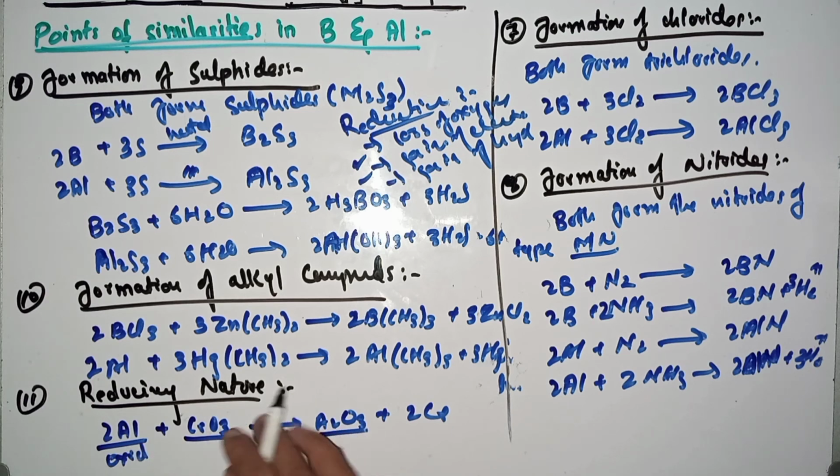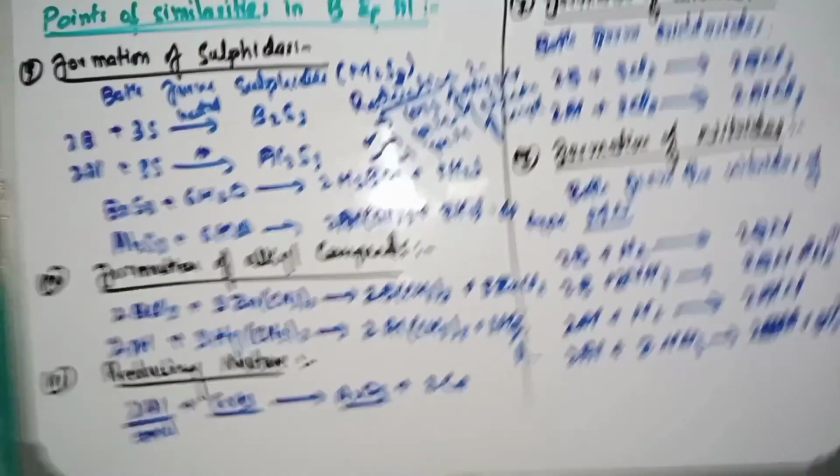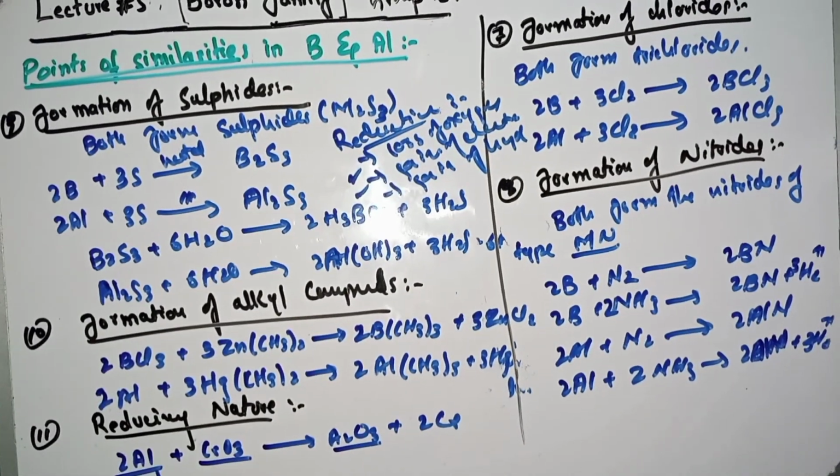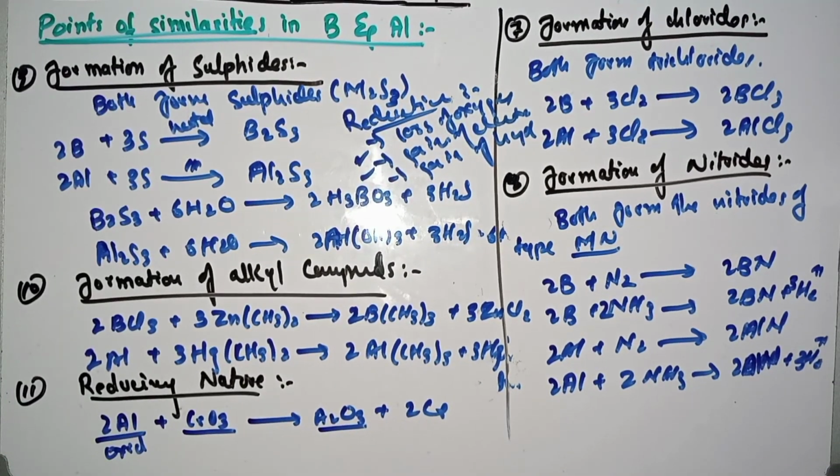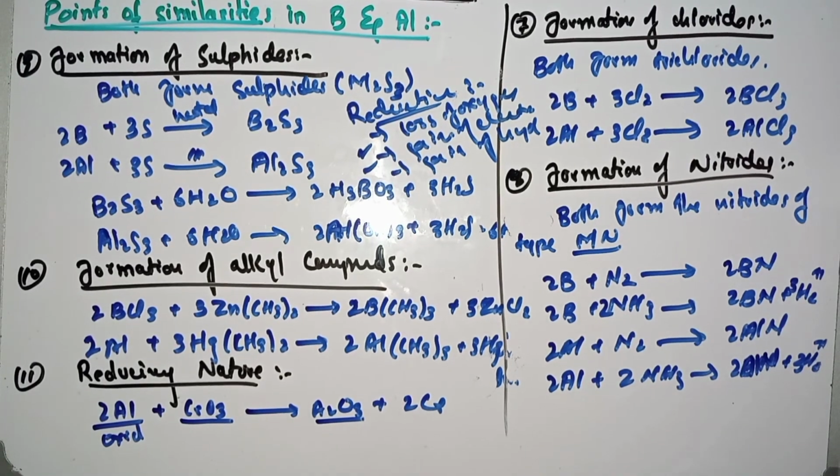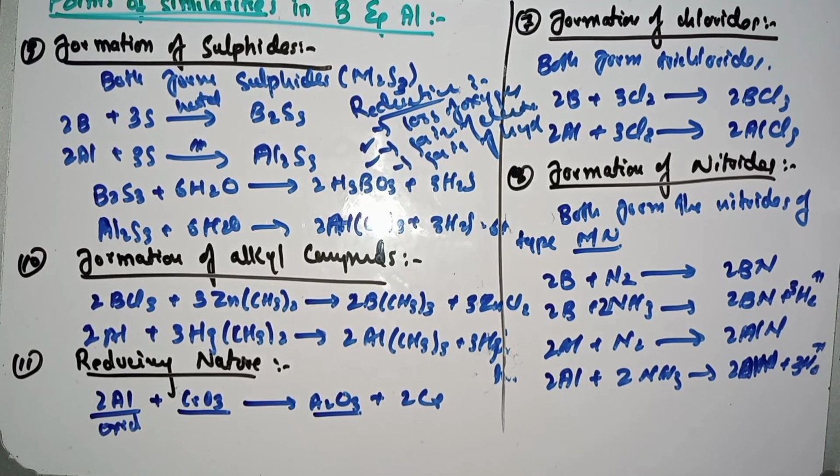Boron and aluminum are themselves oxidizing, isn't it? Or you can say that the boron family by itself is oxidizing. Sorry, I hope my point is clear.